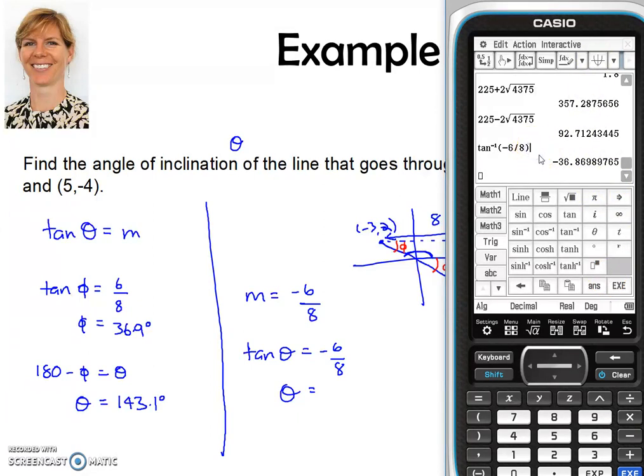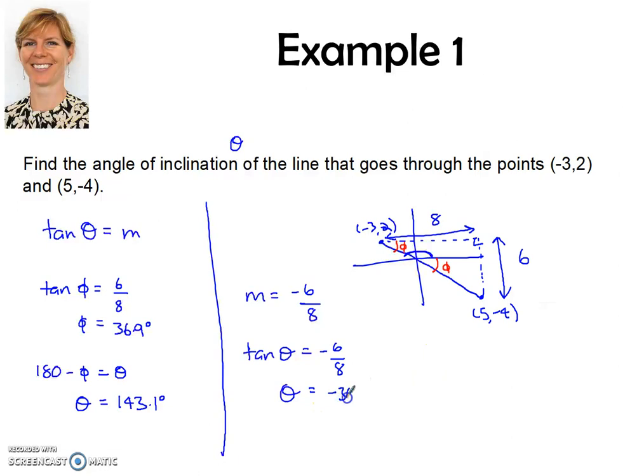You should be able to work out that if it's giving us a negative value, then the equivalent will be this obtuse angle over here, using our CAST on our unit circle and the properties of positive and negative values of tan. So that's giving us negative 36.9, or for the obtuse equivalent, our 143.1.